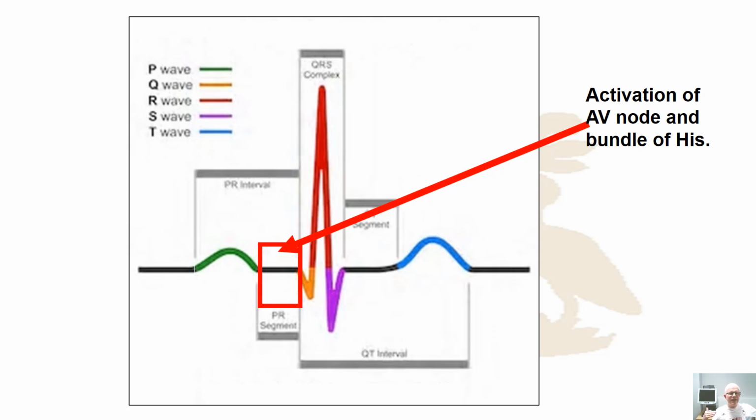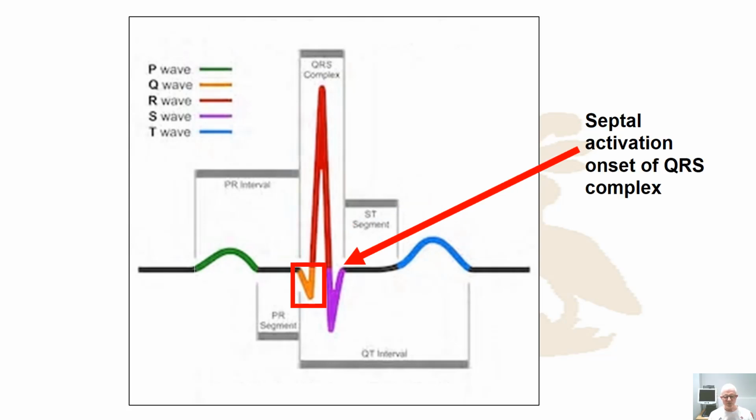So there's very, very little. The signal will be a bit more bumpy, I suppose is a not very technical term, or noisy in a real ECG. But as you can see, in comparison to the P wave, it's a fairly flat response that you see for the PR segment.